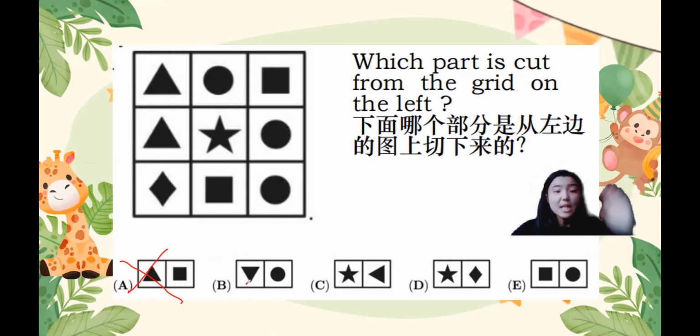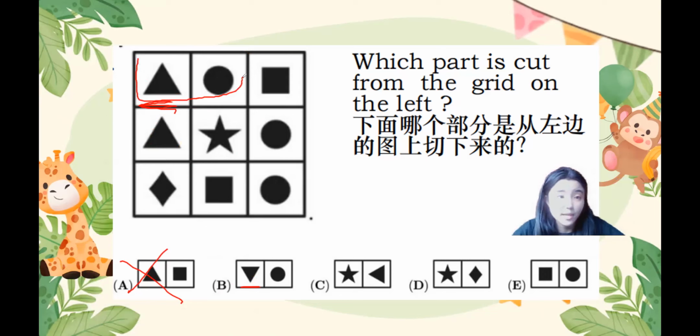How about B? Oh, a triangle like this is upside down. It's possible because if we turn it upside down, we can also look at this grid upside down like this. Okay, so if the triangle is like this, no, I don't think so.